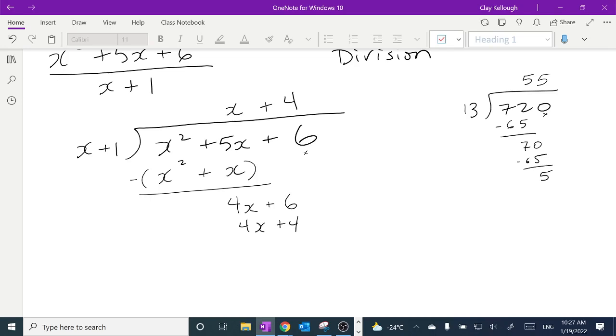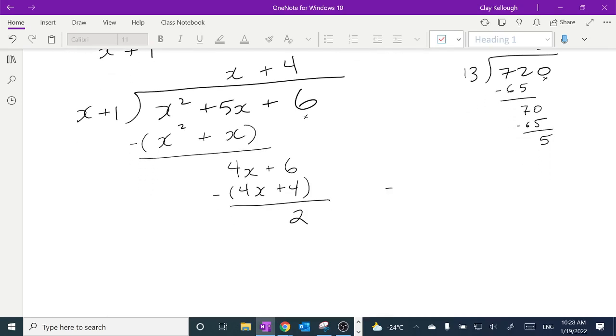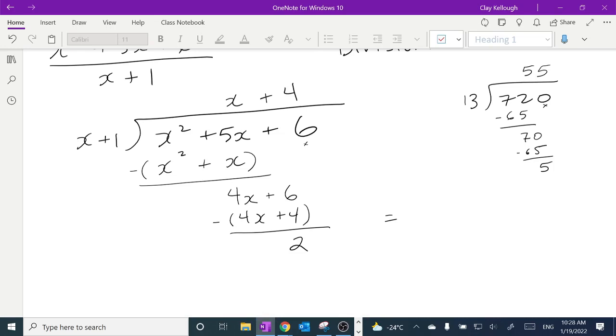I'm going to subtract this. Six minus 4 is 2. 2 is my remainder. And again, this isn't grade 5, so you can't just say R2. You would say the answer is, what did I say we did with this answer again?